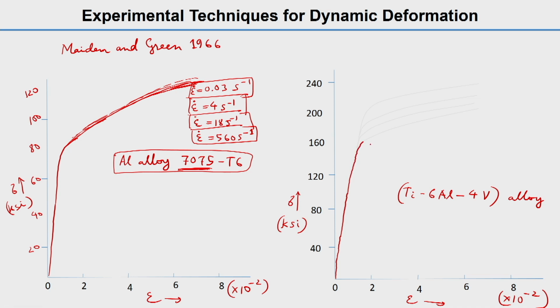So now let us assume we are drawing a stress strain curve for, let us say, a strain rate 0.004 per second. That is a very slow strain rate, quasi static range, and then let us say if we increase the strain rate a little bit, it will show a different behavior.